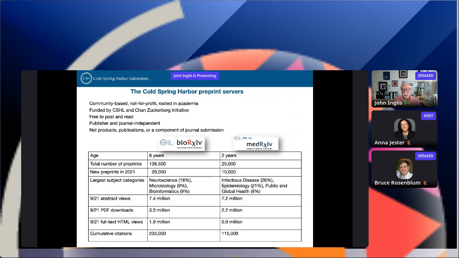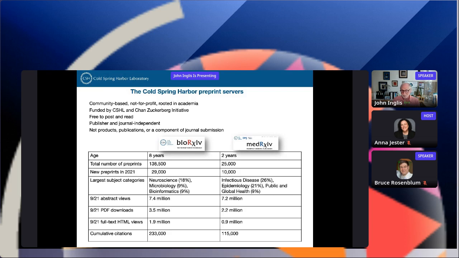So bioRxiv is very nearly 8 years old. It has a large number of preprints, just some basic data here. It has posted so far this year over 29,000 new manuscripts. And as you can see, the amount of usage that bioRxiv gets in a given month is very considerable. medRxiv is only 2 years old.